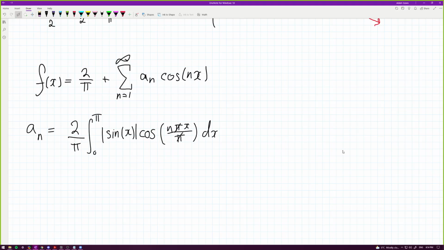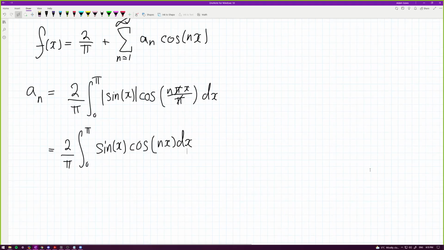And remember that the absolute value of sine x over this interval is equal to sine x. So this is going to be 2 over pi, integral of sine x cosine nx dx. Now we just have this integral to do, and that's going to be our an.